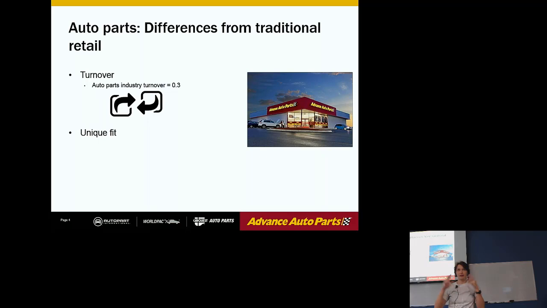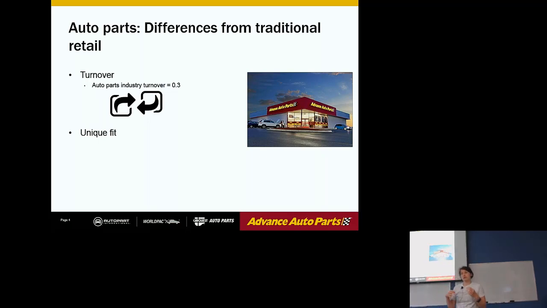The turnover for the auto parts aftermarket is 0.3. To give you a point of comparison, for a grocery store, the turnover is 14. That turnover means how often the products on your shelf are completely changing. For a normal grocery store, something that would be sold once a year would never appear on their shelf. They would consider it completely not interesting for their business.